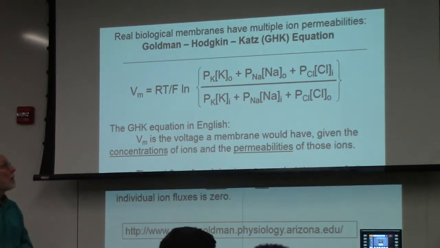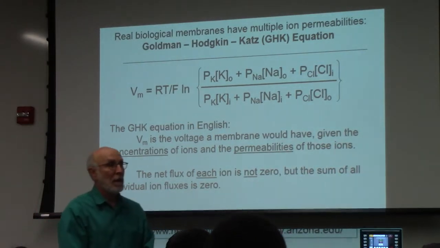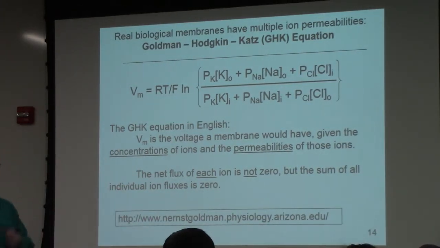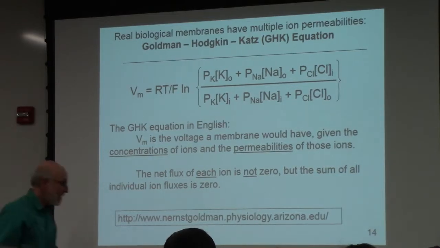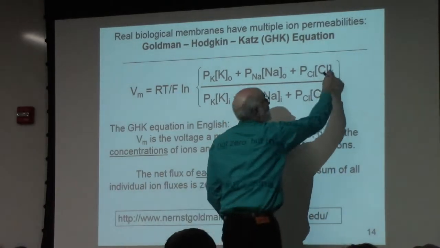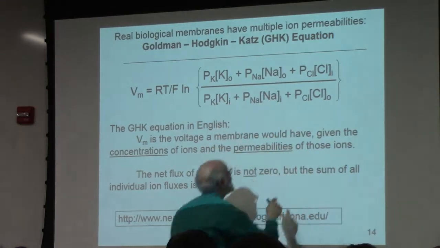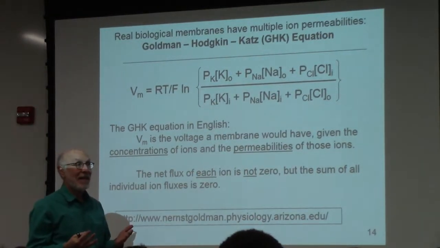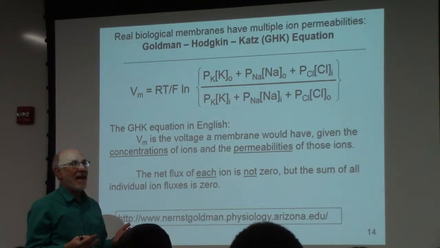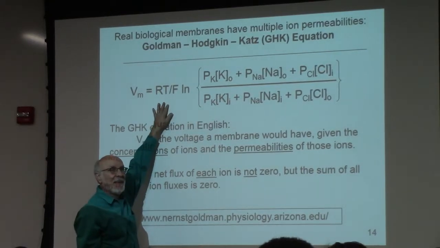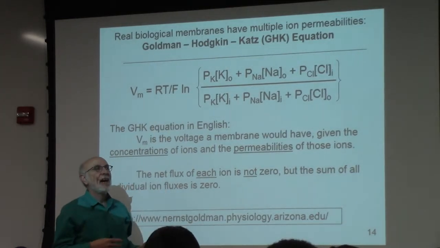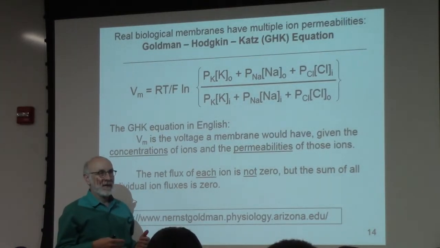Leah: For the chloride, is it supposed to be in over out? Good eye. This is correct. The reason why chloride is in over out, and the reason that sodium is out over in, is that chloride is negative, and Z is -1, and Z has disappeared, and it's one of the magic things of logarithms.